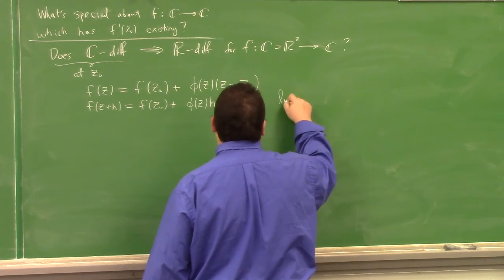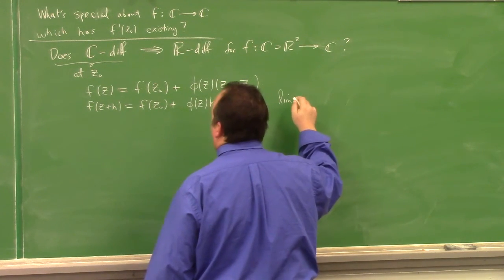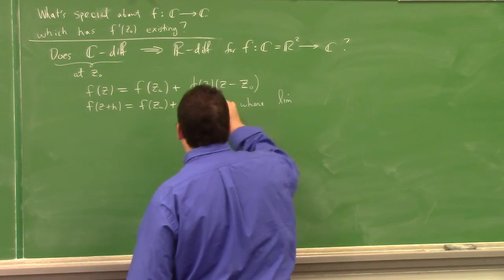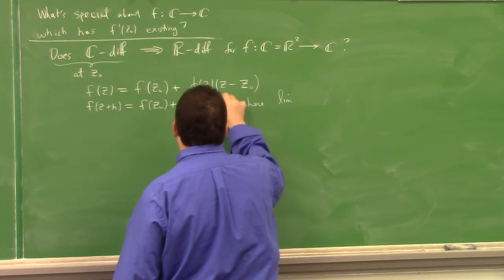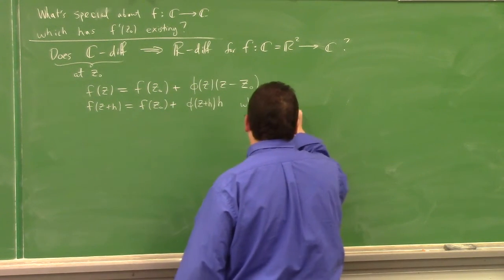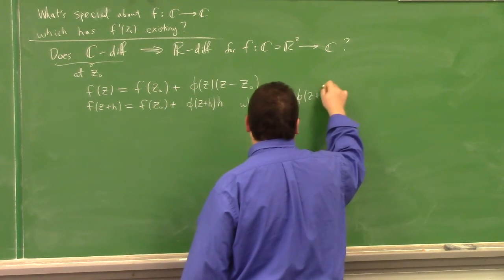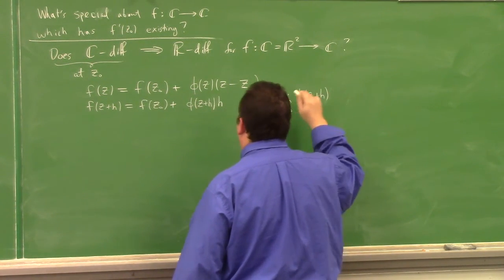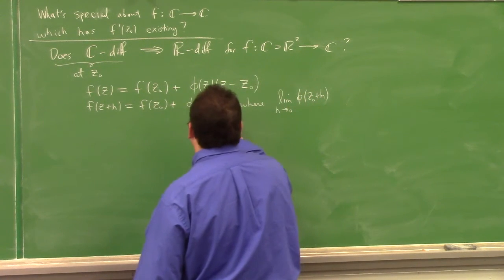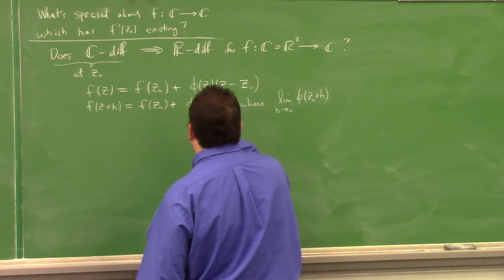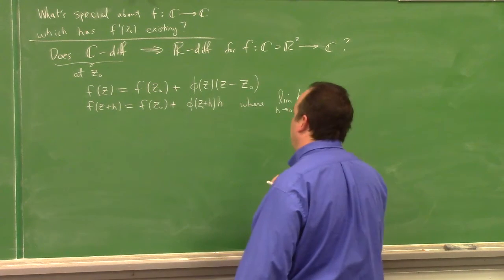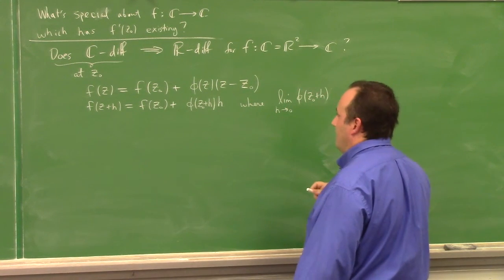Where the limit, oh, and I should have put a z plus h on the phi, right? Z plus h, my bad. Where the limit as h goes to 0 of phi of z plus h, that should be z naught. Is that z naught over there?